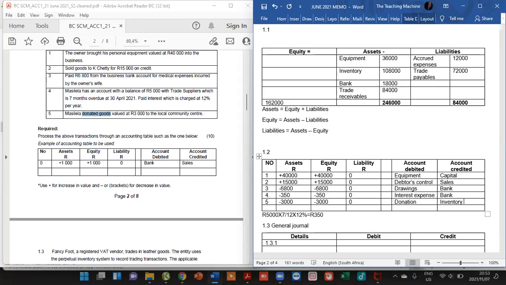We debited 3,000 here. We also need to credit 3,000, minus 3,000. It should be two or more accounts involved in a transaction. It can never be one account that is affected. That is as per the double entry system.